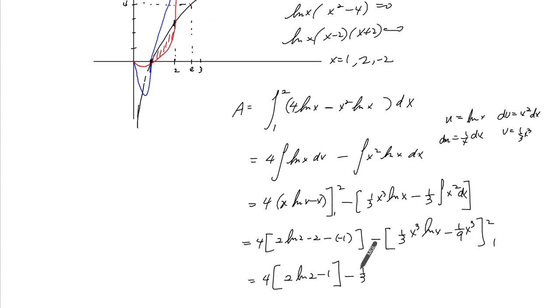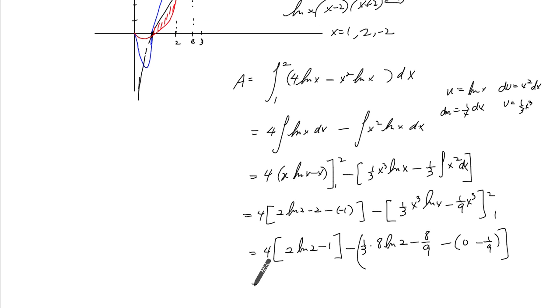Now let's plug in 2, and we get 8 ln of 2 minus 8 over 9. Plug in 1, you get 0 minus 1 over 9. Let me expand this. You get 8 ln of 2 minus 4, minus 8 over 3 ln of 2 plus 8 over 9, minus 1 over 9.